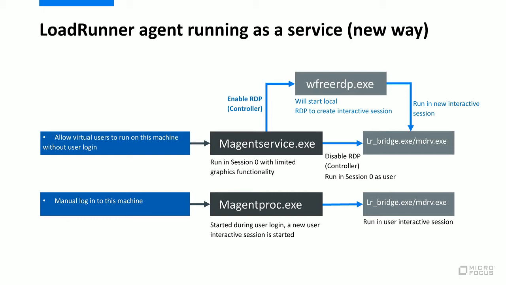So you will not need to log in manually to every LG when you run a Citrix load test, for example. Of course, if you do not use the new enable RDP feature, the former functionality of the agent is still available.